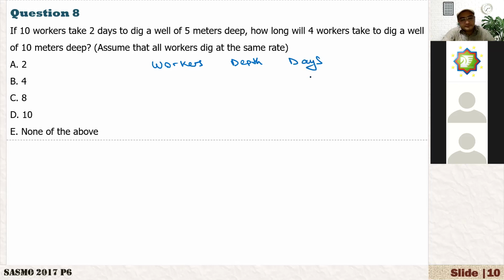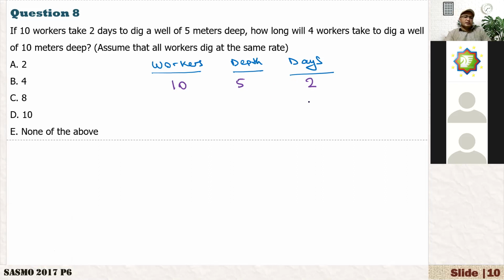I wrote that 4 workers take 8 days to dig a well of 10 meters deep.